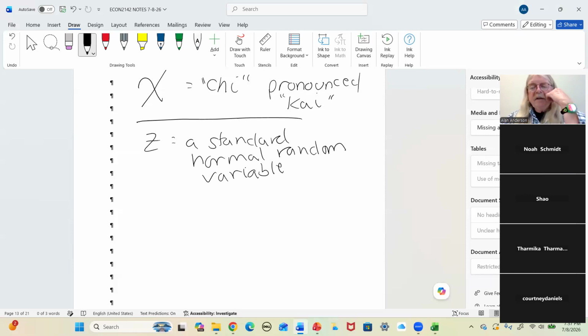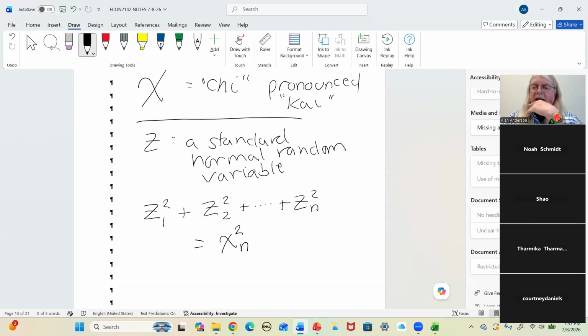A random variable simply assigns numerical values to the outcomes of an experiment. If I were to take a series of these, that sum gives me the chi-square distribution.